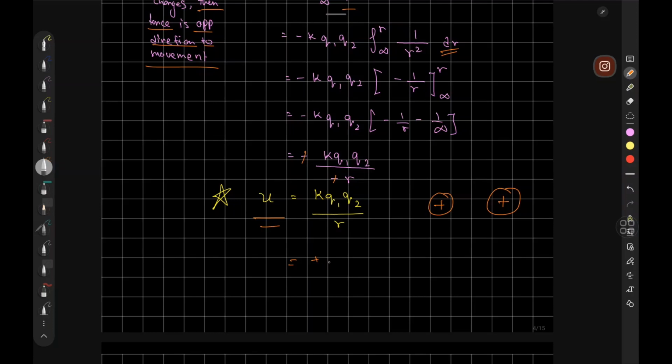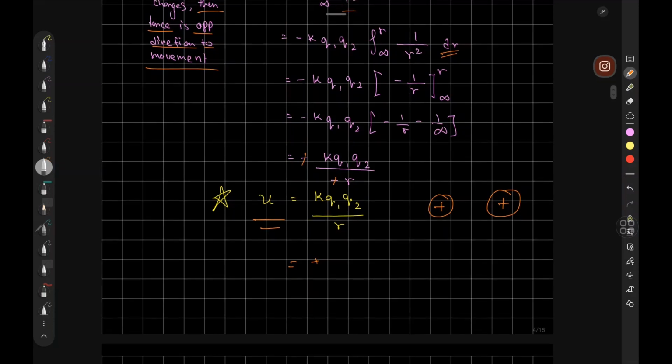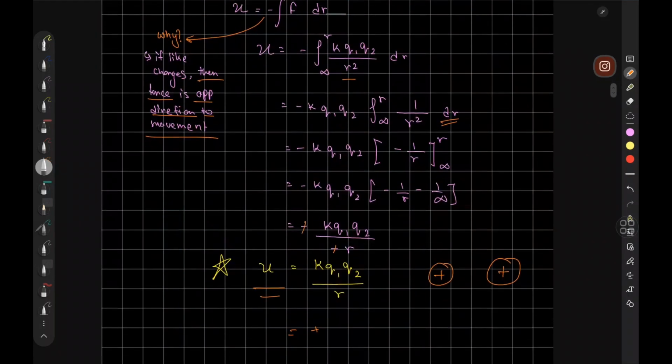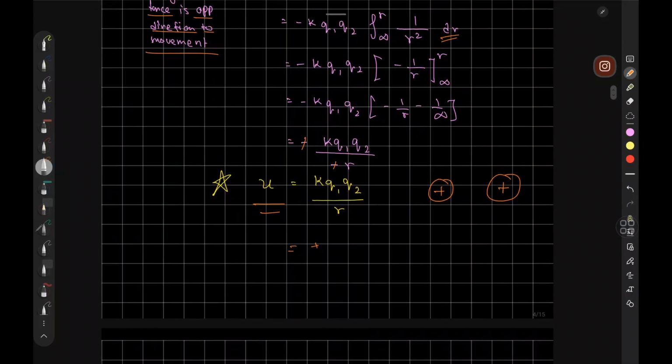So ultimately you get a positive electric potential energy value, and you know from the explanation before that if there are repulsive forces, the electric potential energy is always going to be positive, right?